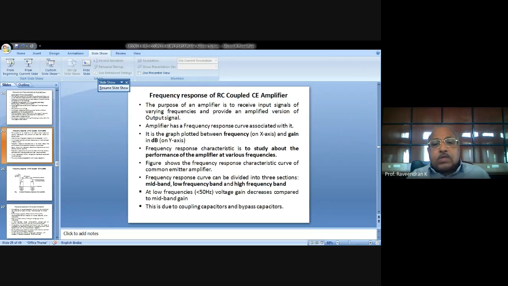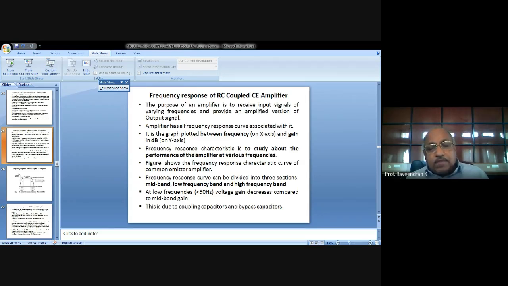Now, how can we plot this graph? I told you, for an audio amplifier, the frequency range is quite large, from 20 Hz to 20 kHz or 30 Hz to 30 kHz. In this frequency response, the gain of the amplifier remains almost constant in the mid frequency ranges, while the gain varies considerably with frequency at low frequency and high frequency regions.